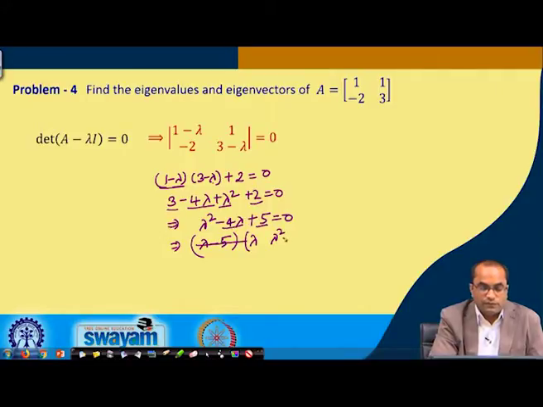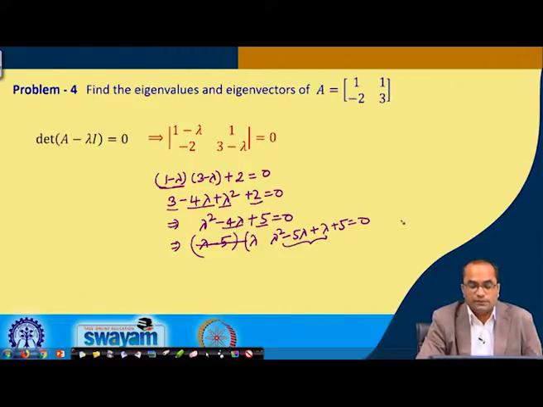So we have lambda square minus 5 lambda plus lambda plus 5 is equal to 0, where minus 4 lambda was written as minus 5 lambda plus lambda. Now, this is not working.